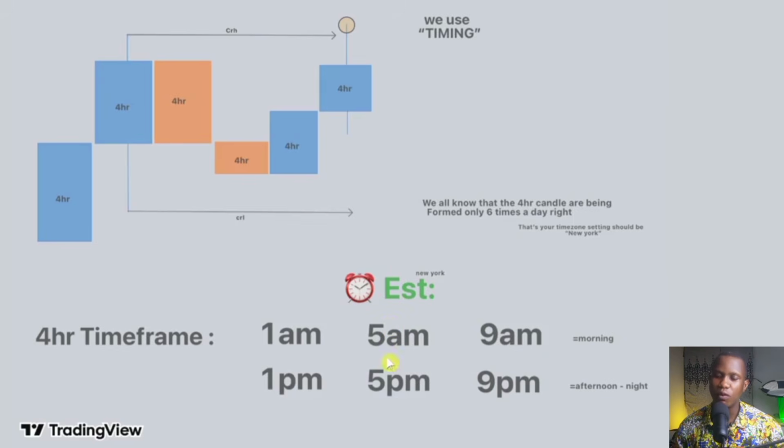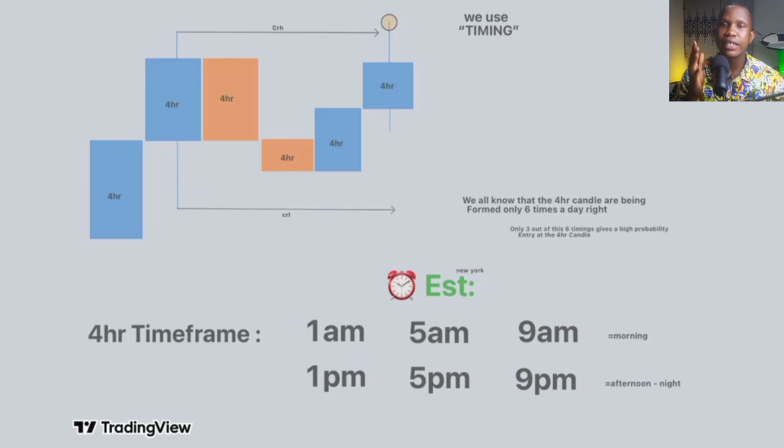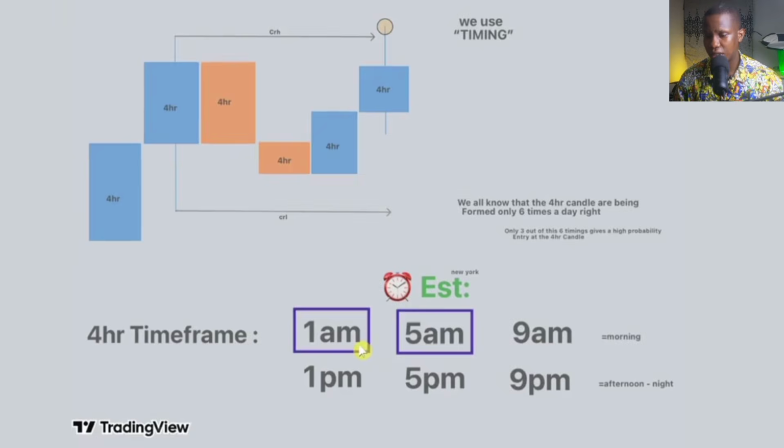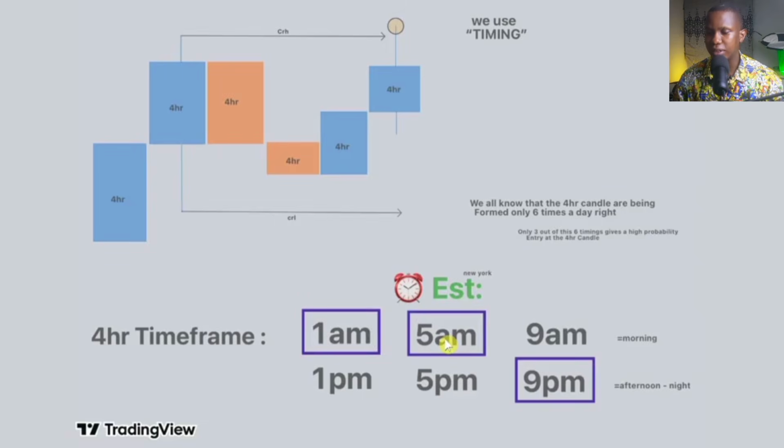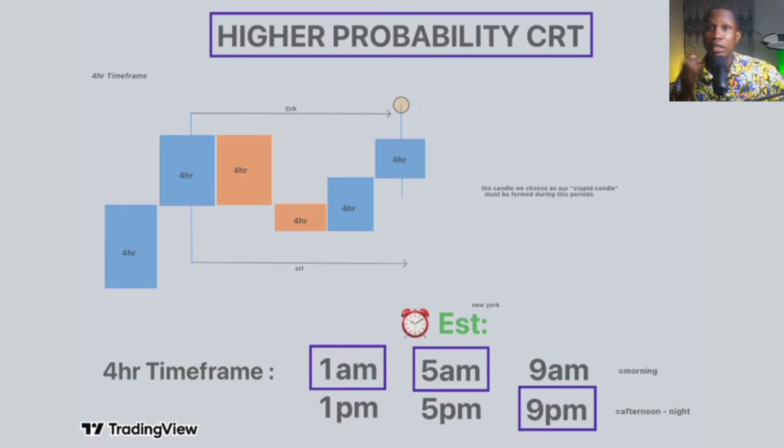So it's being formed in the morning, afternoon, and night. Only 3 out of these 6 timings give us a higher probability entry, which are the 1 a.m., the 5 a.m., and the 9 p.m. That is, that one stupid candle you choose must be formed at this time period selected here.